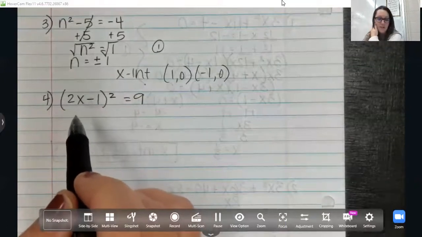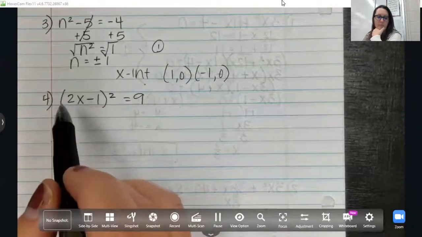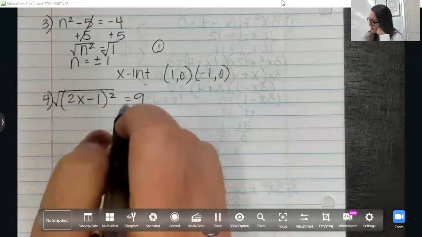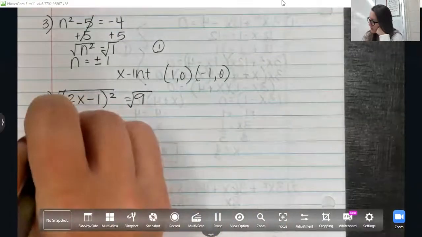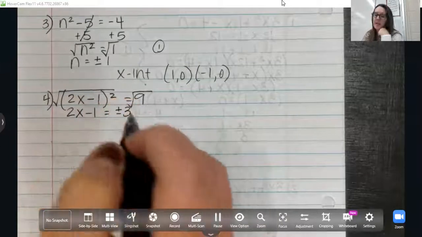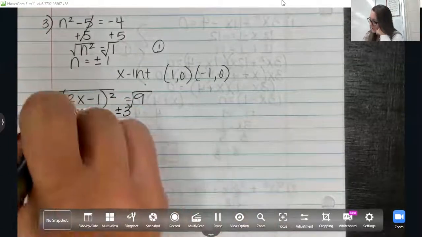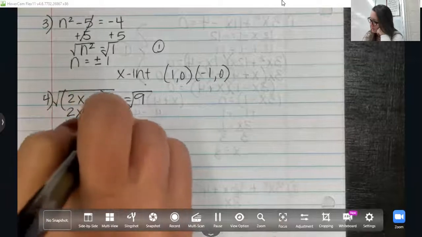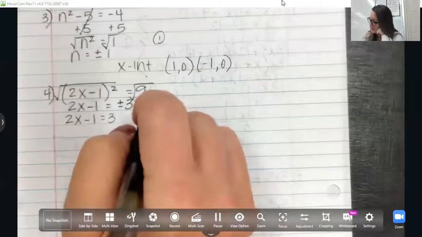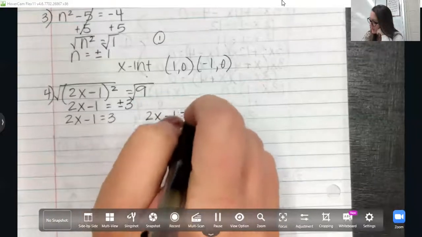All right, so it says isolate the binomial. It's already isolated, it's on one side. Now we're going to take the square root of both sides. So remember, when you take the square root, it's positive or negative, right? So we're going to have to set up 2 separate equations. We have 2x minus 1 equals +3 and 2x minus 1 equals -3.